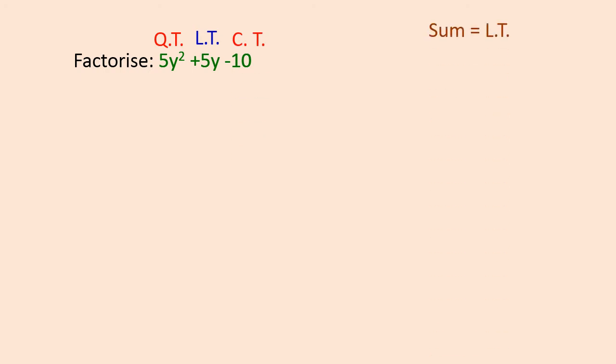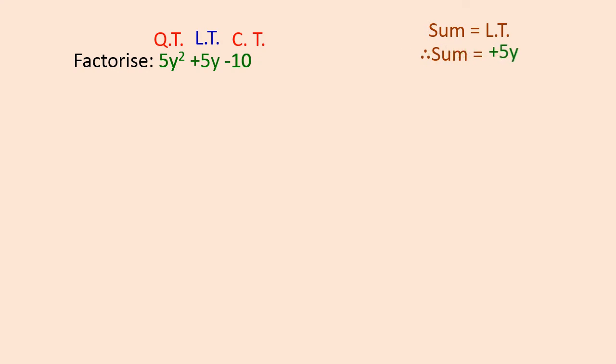So we are going to do one more sum, that is factorize 5y square plus 5y minus 10. Since it is a quadratic polynomial, we must know what is quadratic term, what is linear term, and what is constant term. Once we know this, we can find out sum which is equal to linear term. That is nothing but 5y.